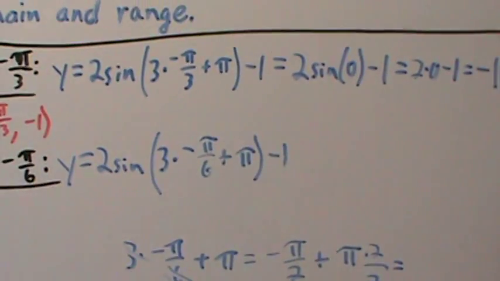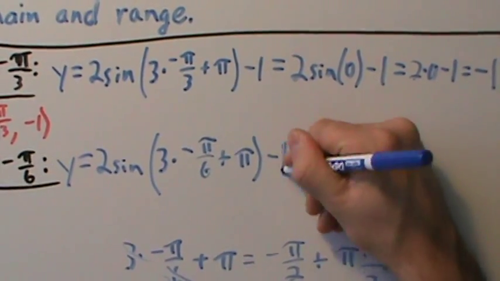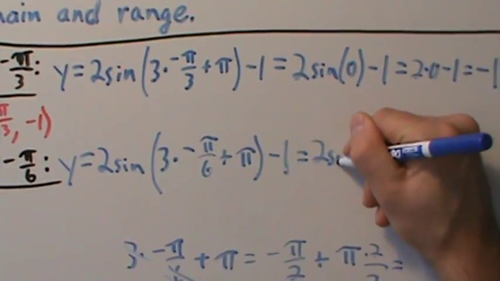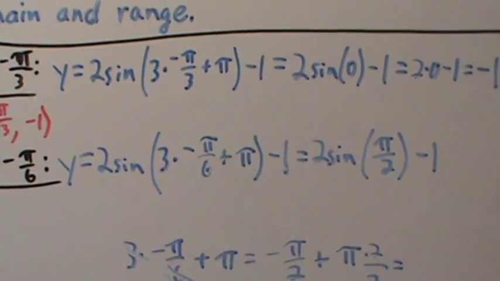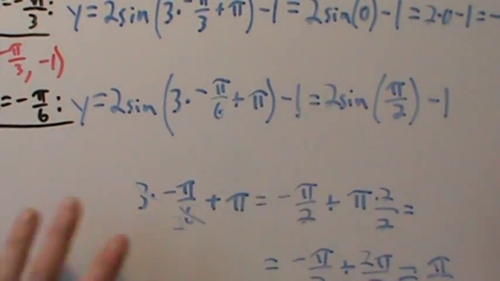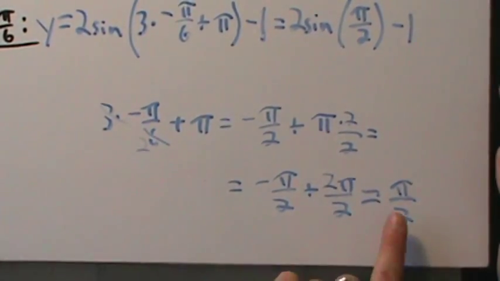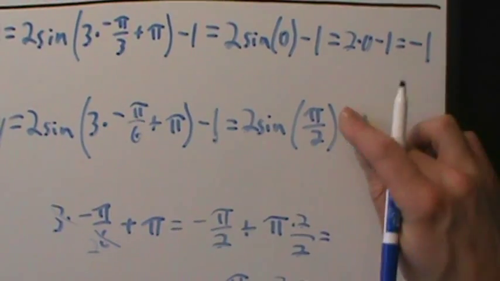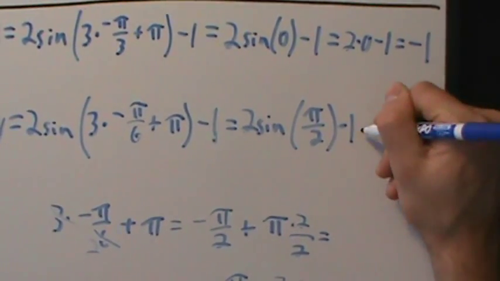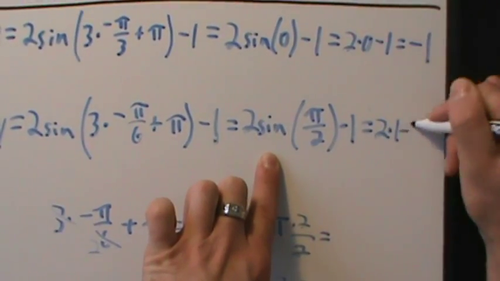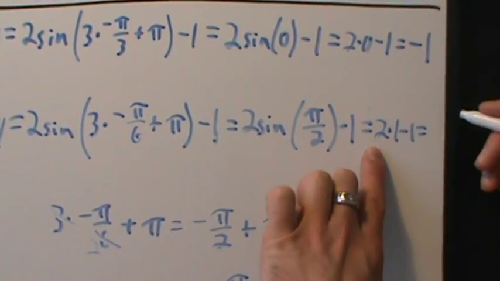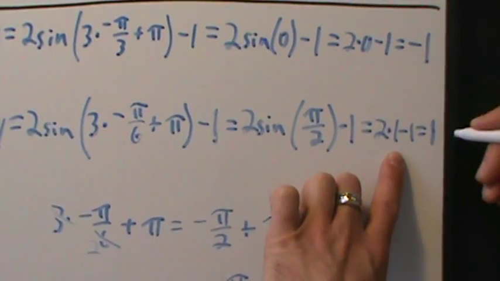Okay, so that simplifies pretty nicely. So this is 2 times the sine of pi over 2 minus 1. Again, 3 times negative pi over 6 plus pi simplifies to pi over 2. Sine of pi over 2 is 1, so this is 2 times 1 minus 1. 2 times 1 is 2, 2 minus 1 is 1.